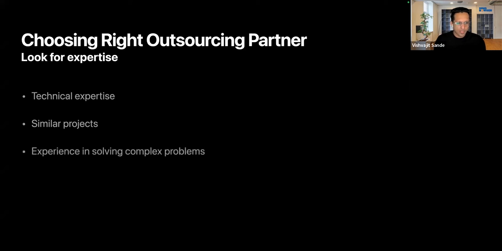And the third point here is experience in solving complex problems. Why this is important is that there are some risks which cannot be anticipated at the start of the project. Eventually, when you go into it, you might figure out that during development there are more complex things coming into the picture.